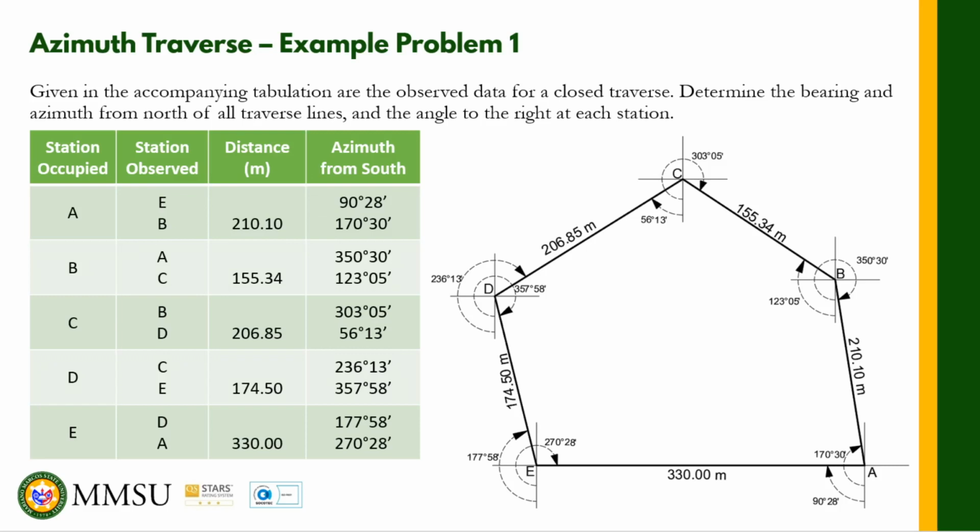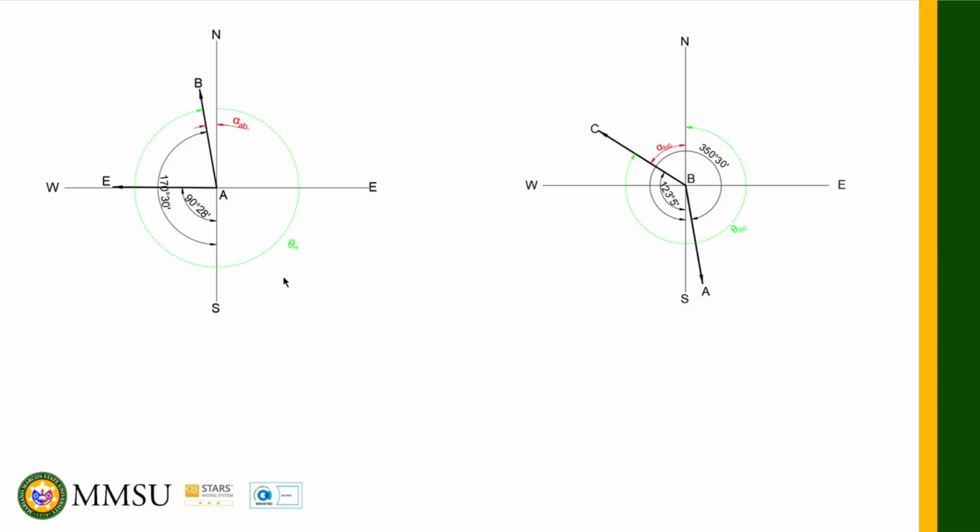The azimuth and the bearing. Let us start by isolating station A. I've already done the isolation here for you. The first figure is for station A. At station A, the two lines are traverse lines AB and AE. But at station A, we are concerned with the azimuth and bearing of line AB.